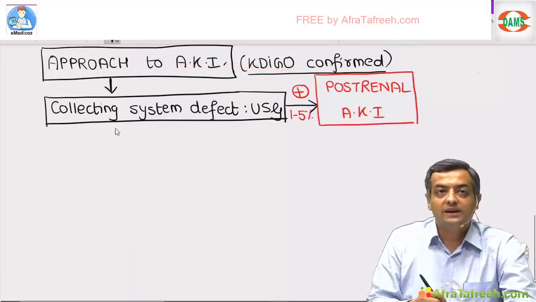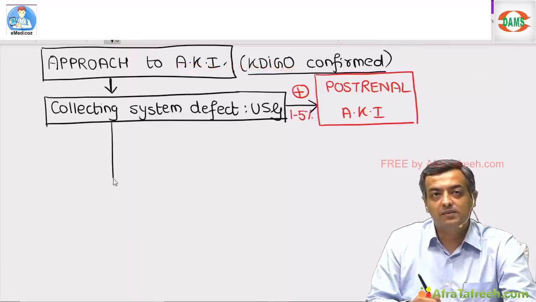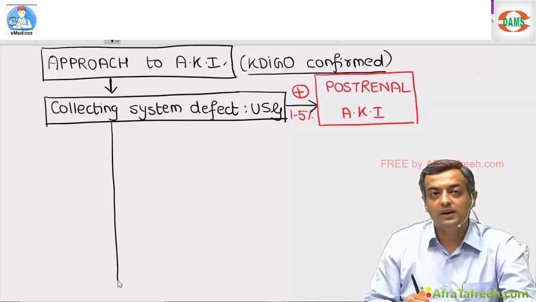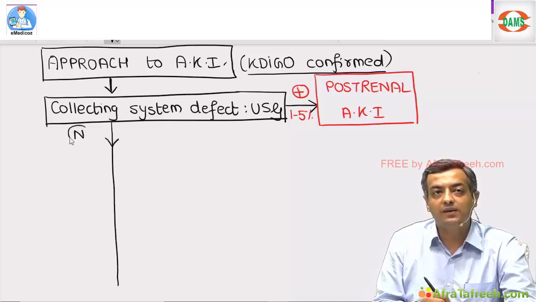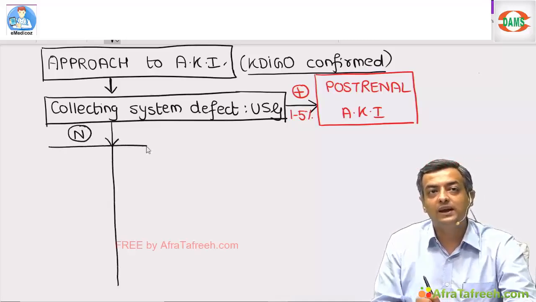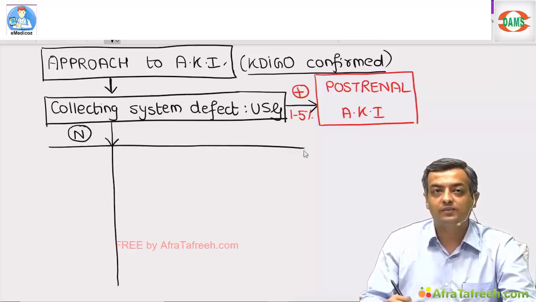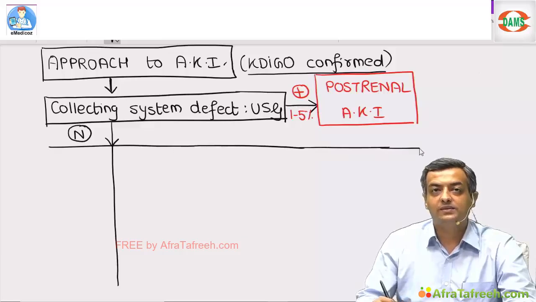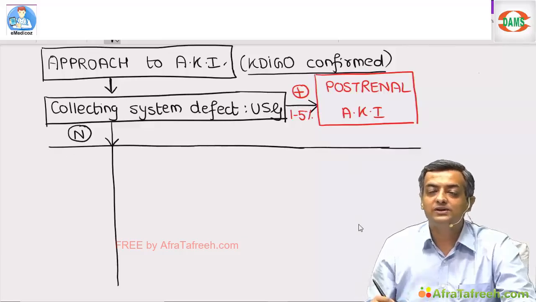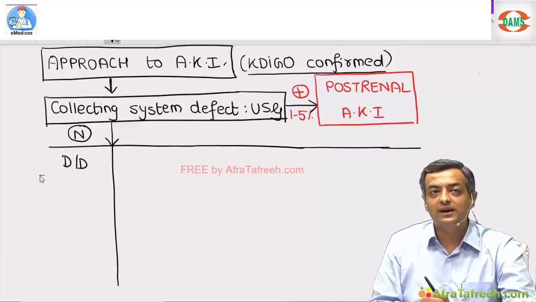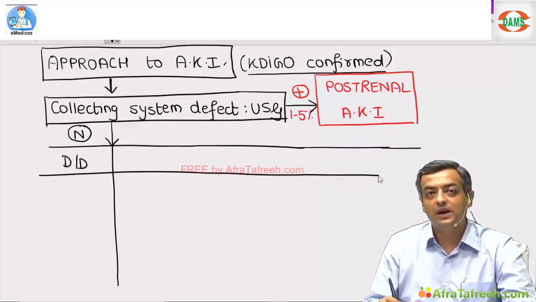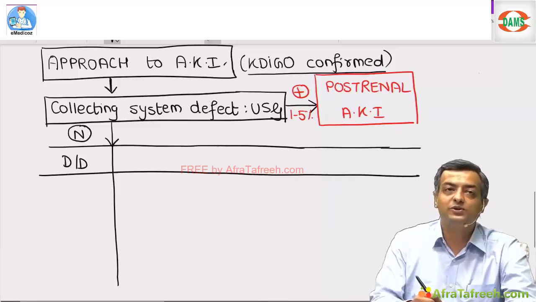Once you say that the collecting system is normal, what are we doing? Excluding the post-renal cause. So what differential diagnosis remains with you after excluding post-renal?